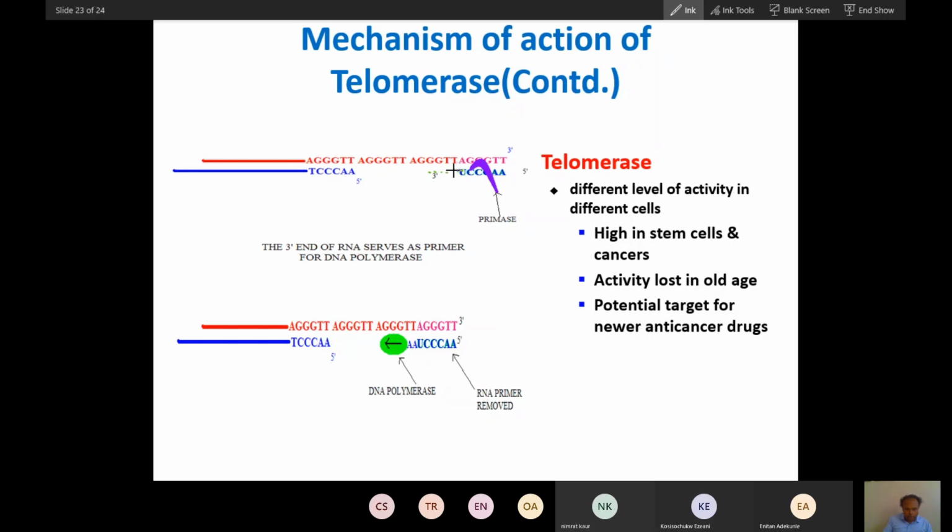In place of T, there will be addition of A, C, and at place of A, T. Then at place of T, there will be A, again C, and T. So this is how the other DNA, the other telomere, will be synthesized. This is how telomere is restored.